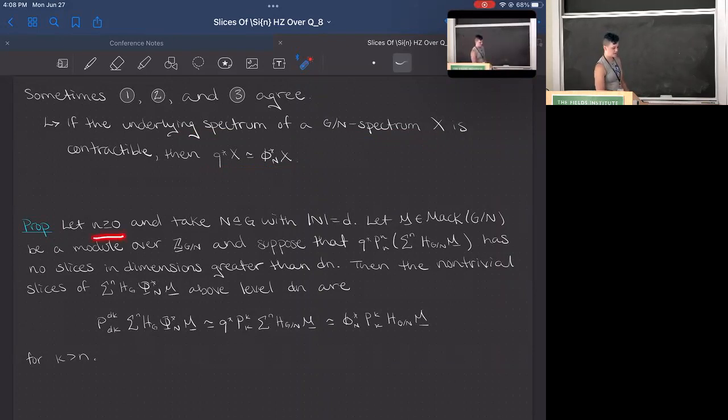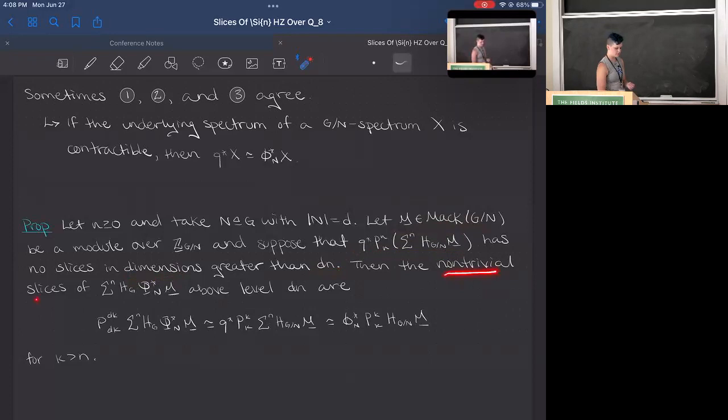We're going to take n to be at least 0 and capital N to be a normal subgroup of G with the order of N being D. Now M will be a G mod N Mackey functor, and let it be a module over Z G mod N. When we take the sigma n H G mod N M, take the n slice and pull it back using Q, suppose that it has no slices in dimensions greater than d times n.